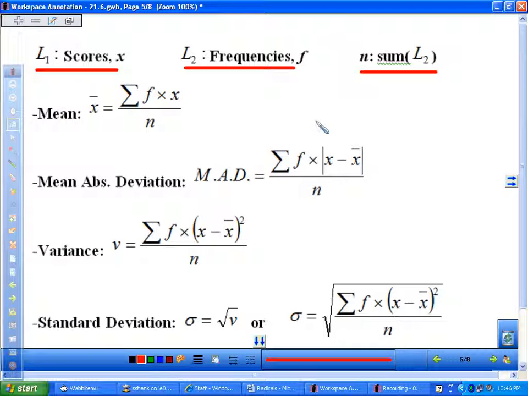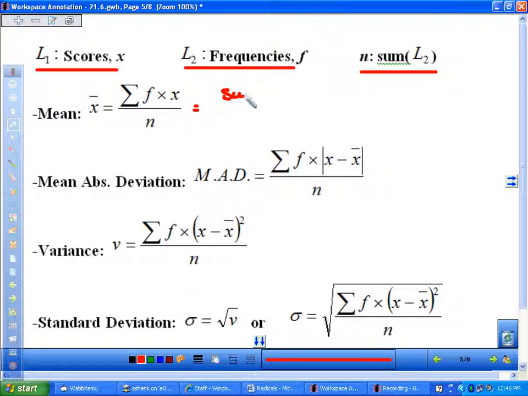So the average, again, we're adding all of our scores and dividing by the total number of scores. But we've got frequencies, so it's the scores times their frequencies. Okay? So in the calculator, how would we get this summation of f times x? Well, in the calculator, this symbol is what?